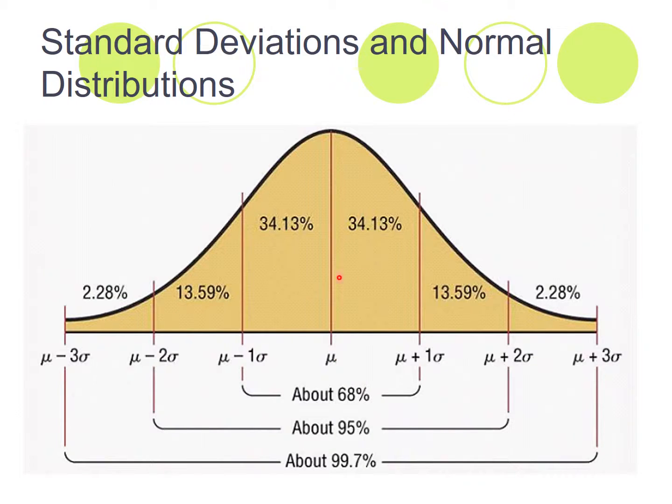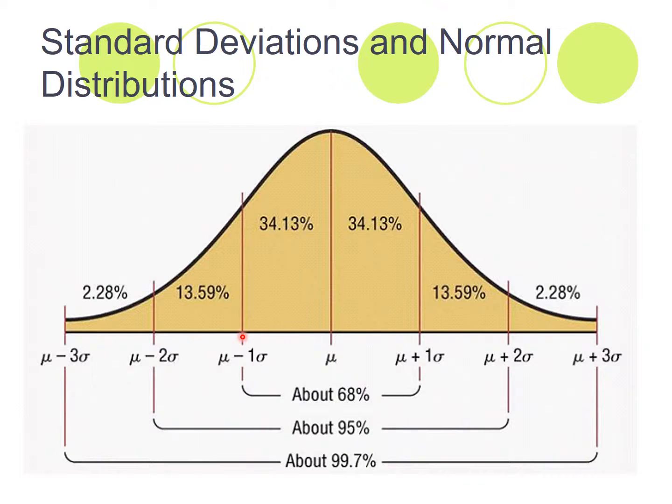Displayed graphically for you. Okay, we've got the mean here, which is at 0, and about 68% of the data falls within ±1 standard deviation. So 1 standard deviation from the mean, either positively or negatively.